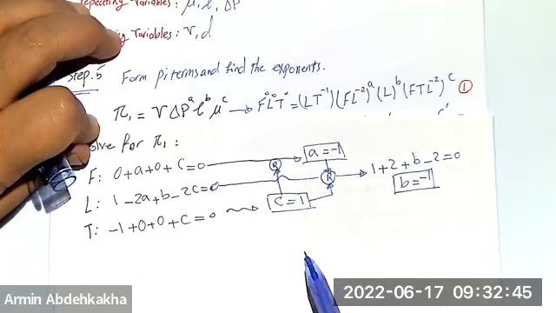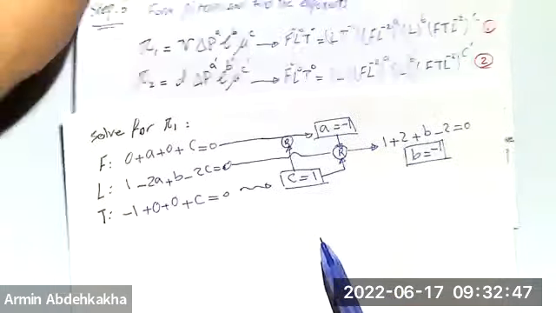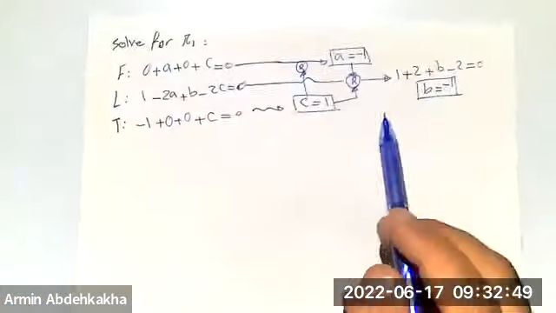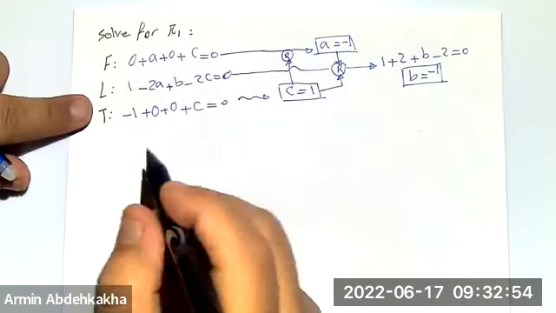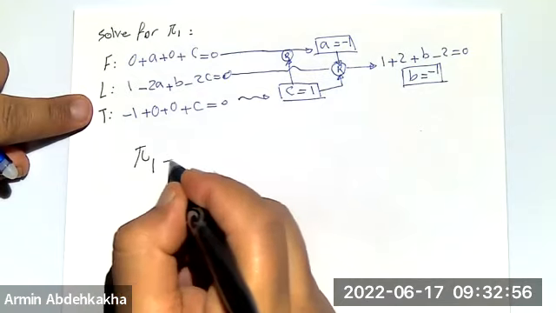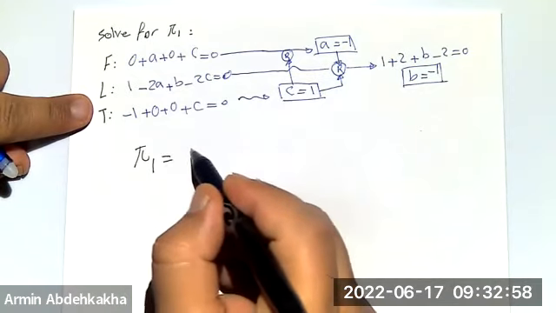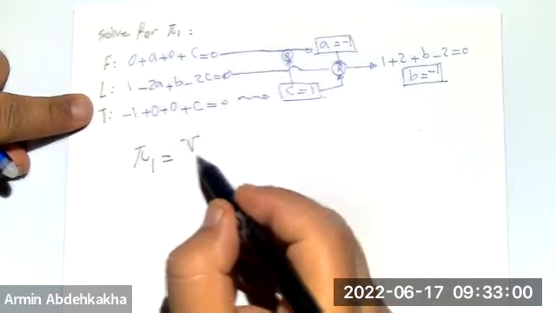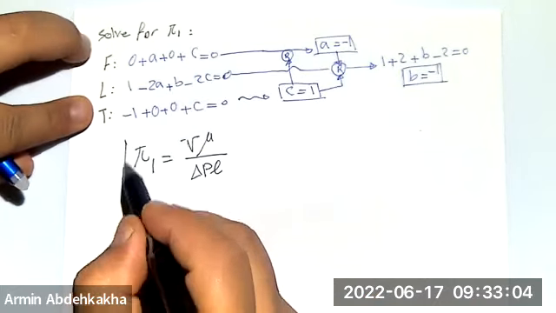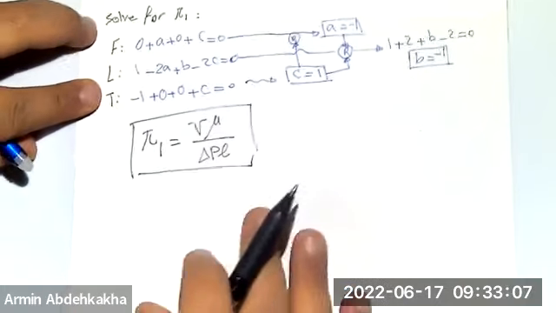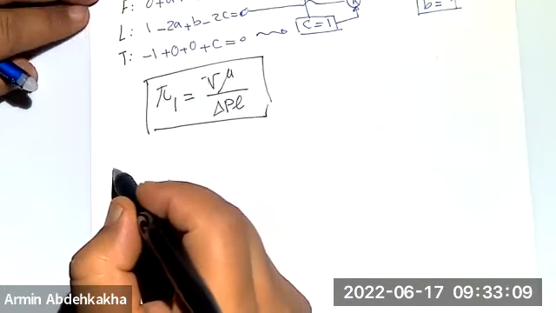You have A, B, and C. Now the second part will be greater. Pi 1 is V mu delta P. Okay, that's only a check.